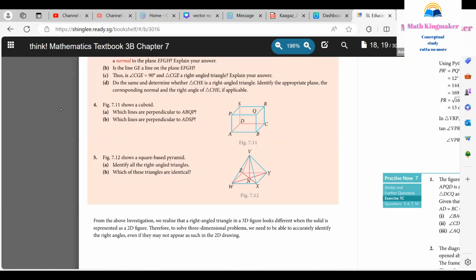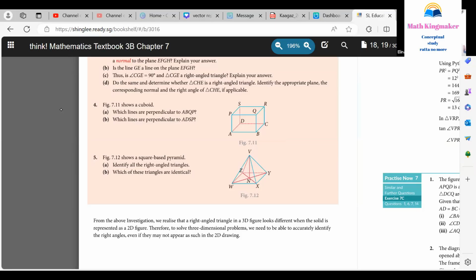Can you tell me which plane this ABQP is? You can visualize your room. ABQP can be the side in front of you, and you can visualize which lines are normal to your plane.